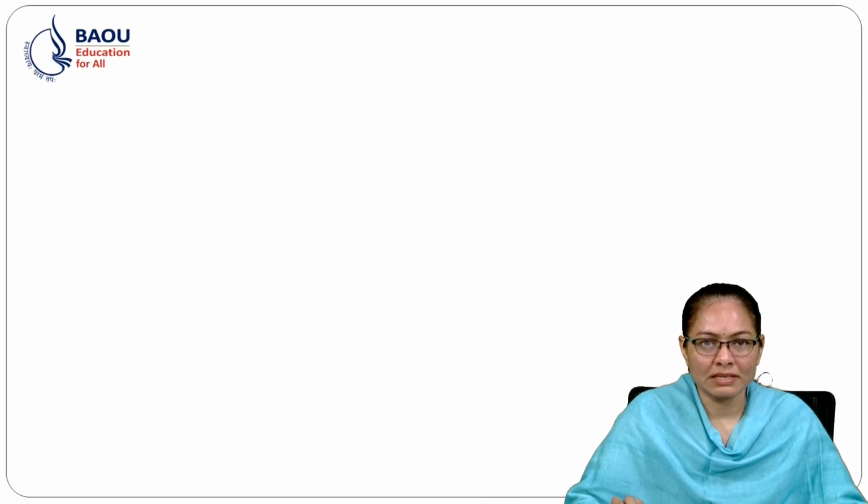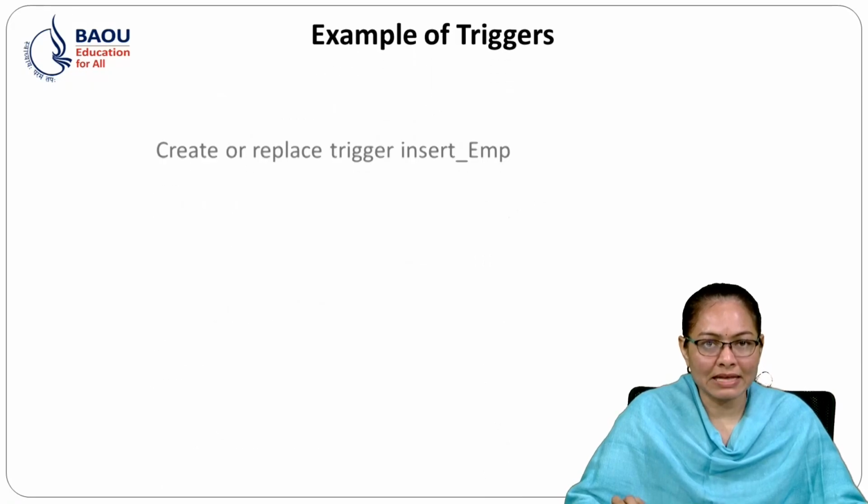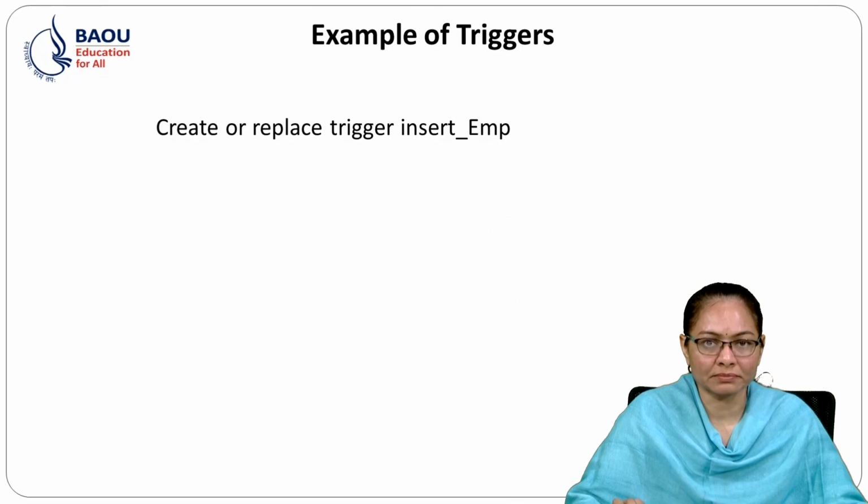Now see one simple example of creating a trigger. Create or replace trigger, then the trigger name, insert employee. Means this trigger is created for when we insert data into the employee table. It will display a message whenever we insert new rows into the employee table.